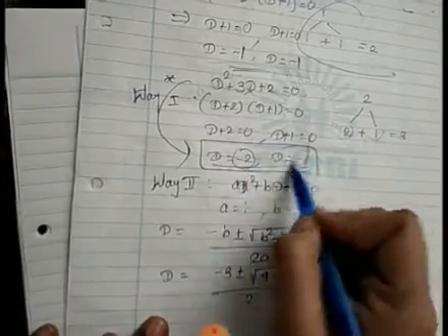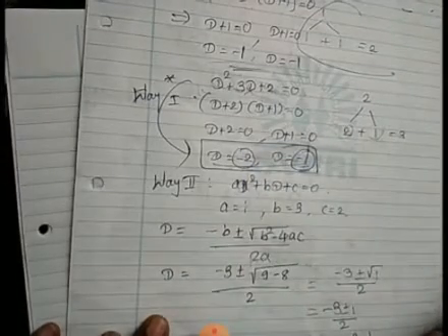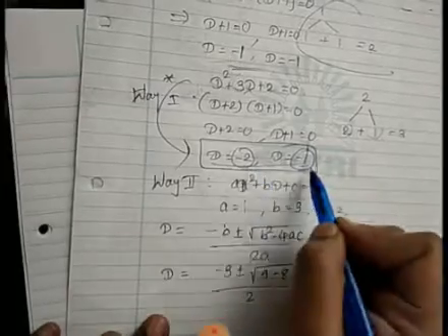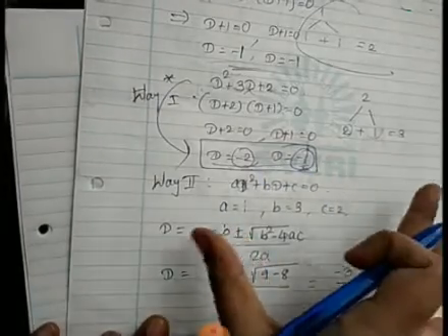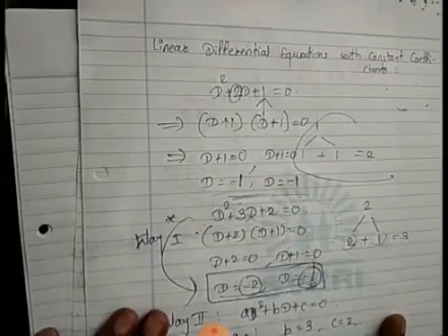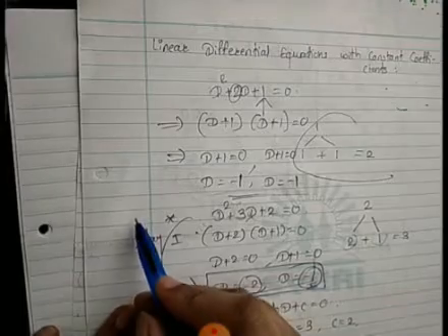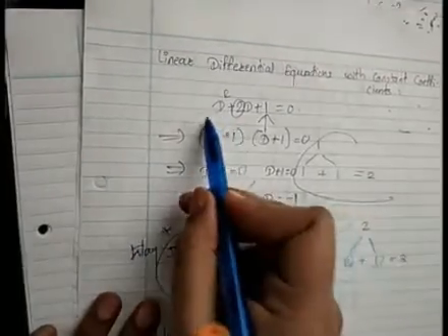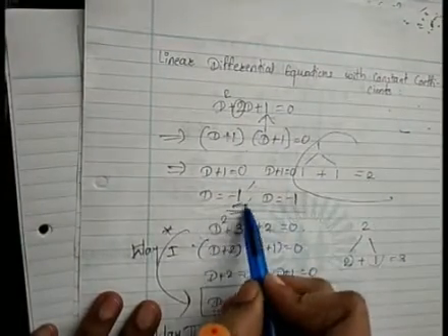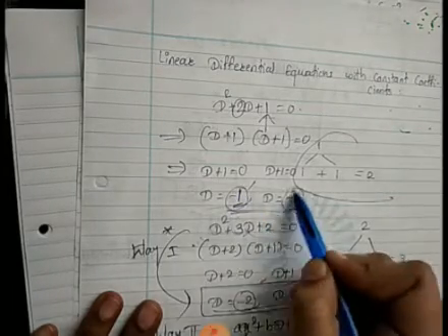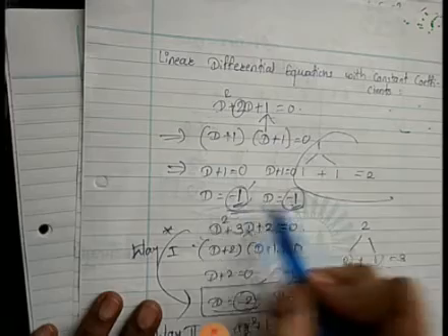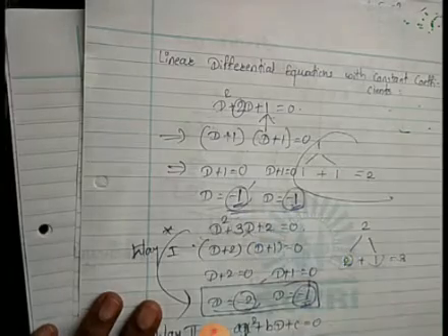Minus 2, minus 1, both are real numbers, and both are different from each other. In such cases, we write the first type. And my second type is, if the roots are real and repeated. We have seen this example where roots were minus 1 and minus 1. That is, the root is real, of course, minus 1, but it repeats twice.